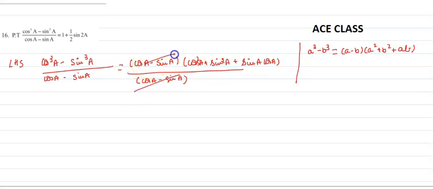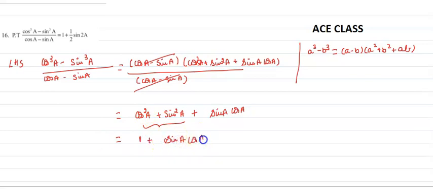So this and this will get cancelled because both are same. What is left out is cos square A plus sin square A plus sin A cos A. Based on the identity, cos square A plus sin square A is 1, so we get 1 plus sin A cos A. Now, my RHS has 2 in the denominator.